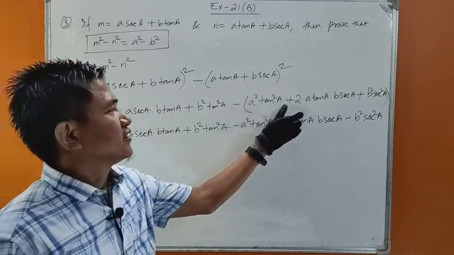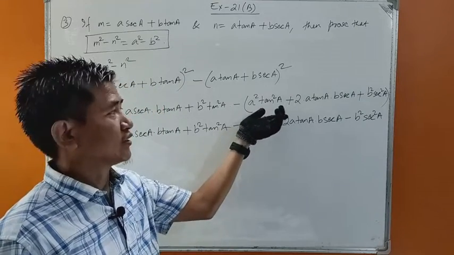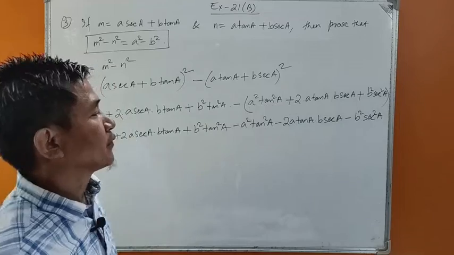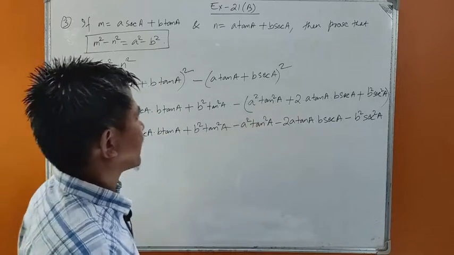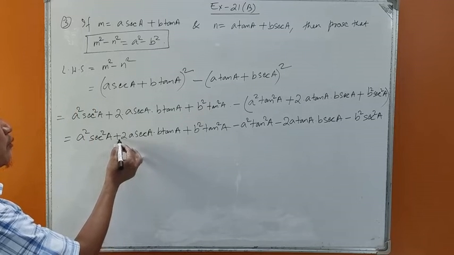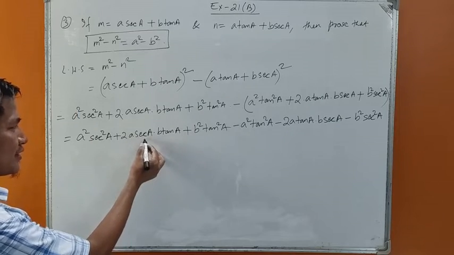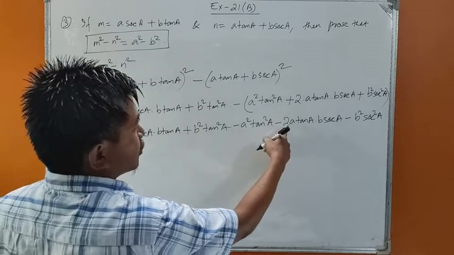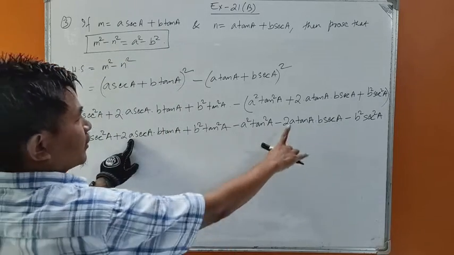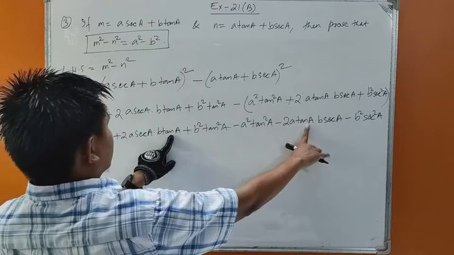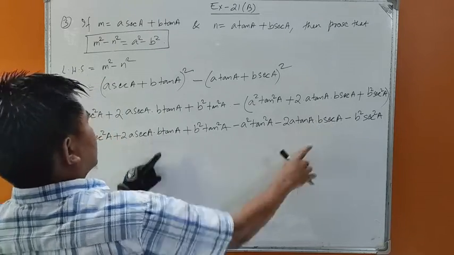If you would understand this, to change the sign we could have skipped this step, but to make you more clear, I just put the bracket here. Now we have plus 2a sec a b tan a, and 2a tan a sec a b, same thing.